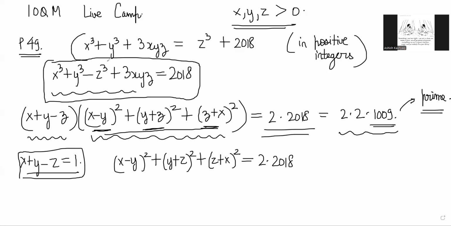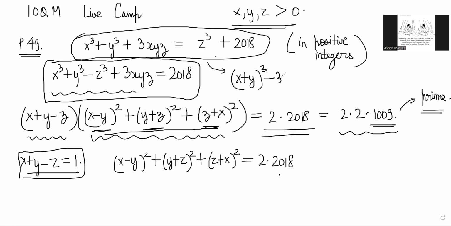Can we use these two results to see something? This result along with this. So what I can do is, in this result, I can say it is (x plus y) whole cube minus 3xy times (x plus y). That is the same thing as x cube plus y cube plus 3xyz is equal to z cube plus 2018, right?